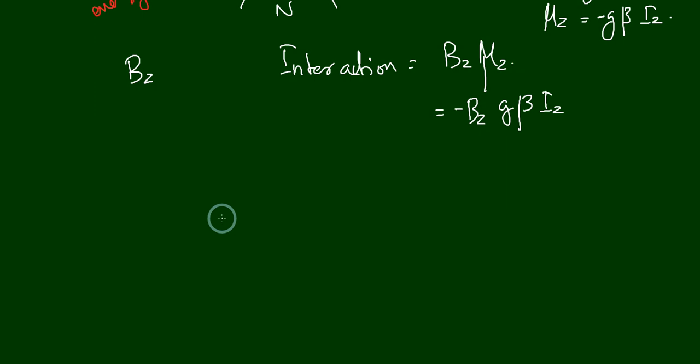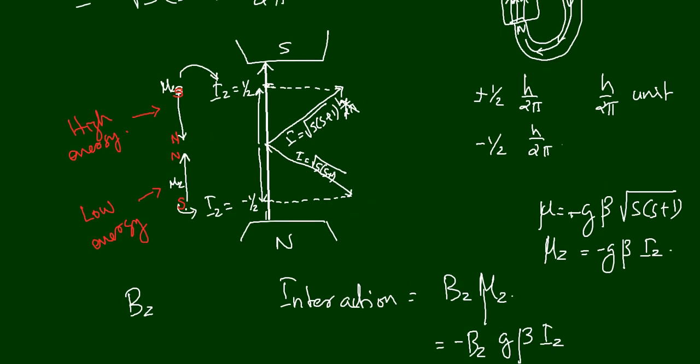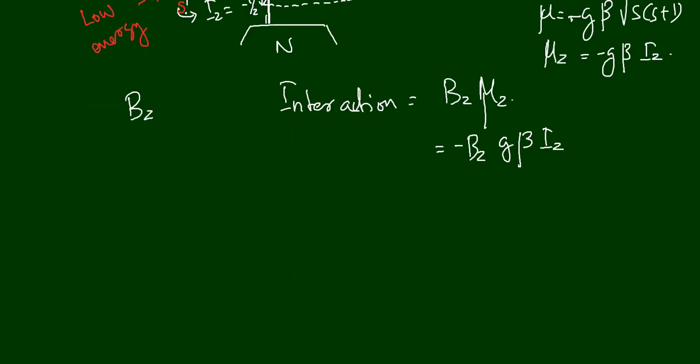So what about the energy difference? What about the difference between these two Iz? These two Iz have a difference of 1. This is minus half and this is plus half. What is the difference between plus half and minus half? 1. So what about the energy difference between these two situations?